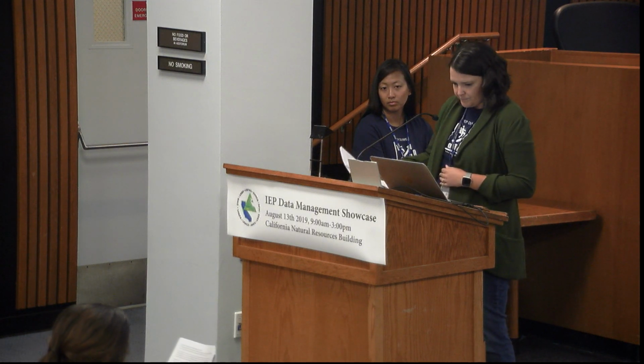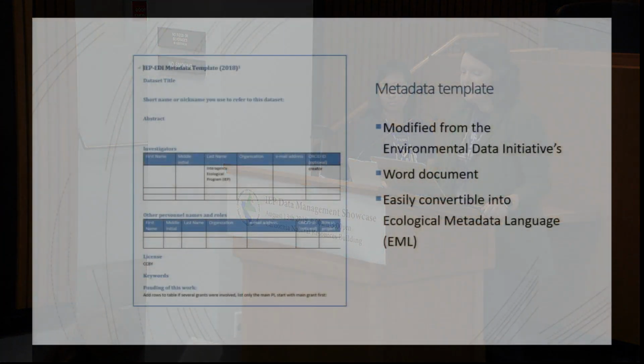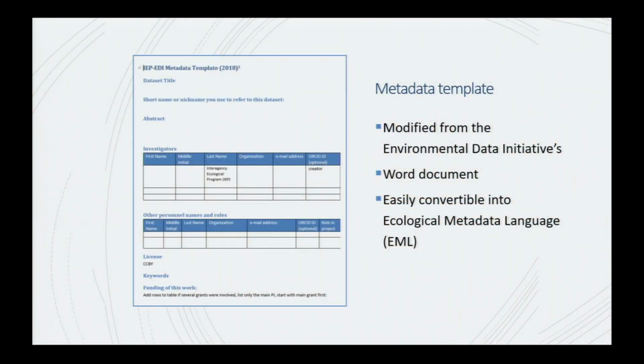So this is our IEP template for metadata. It follows a very similar template to the Environmental Data Initiative, which we've been kind of teasing you with, and Melinda is going to go into much more detail about it.